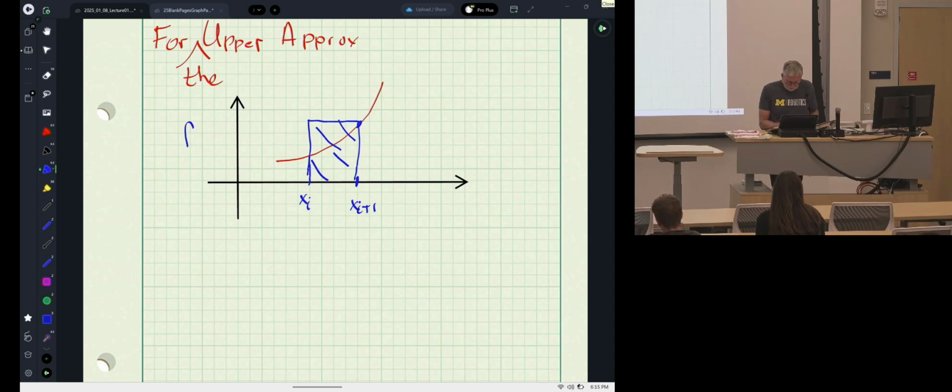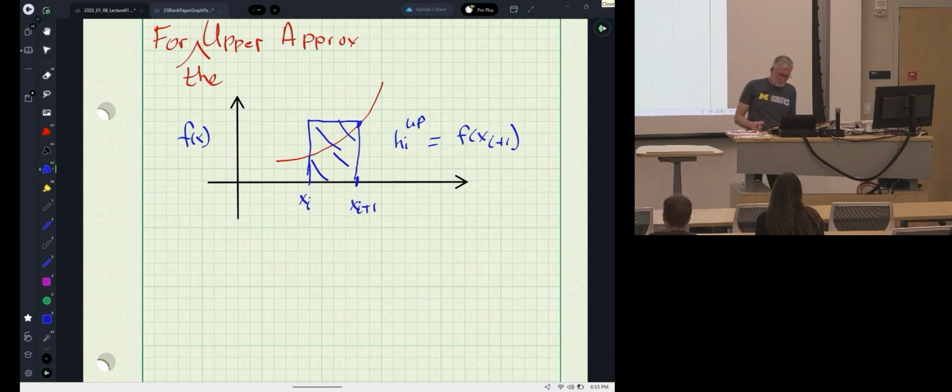Okay, so we have f of x here, and hi up is f of x sub i plus 1, because when the curve is monotonic, the highest value is on the right-hand side. And as when we're doing the lower approximation, the lowest value of the curve is on the left-hand side.